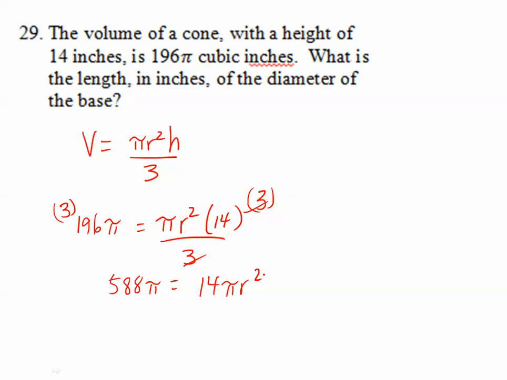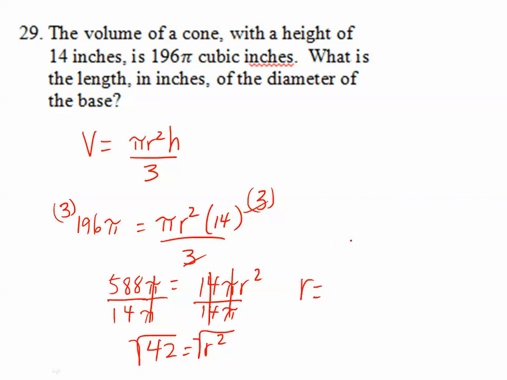So then I divide this by 14 pi to get the r squared by itself, because that makes the pi cancel and the 14s cancel. And when I do that, I get 42 equals r squared, because 588 divided by 14 is 42. Then I take the square root of both sides, and I get r equals 6.48.